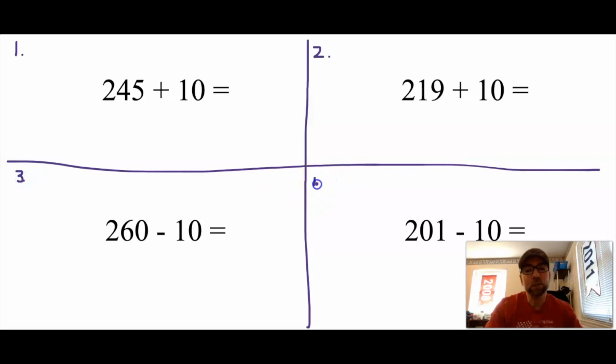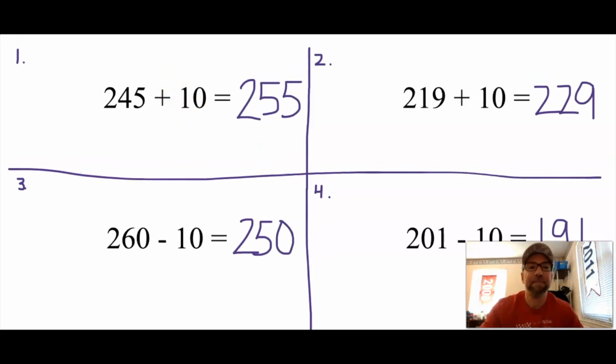Now, don't get tricked this time. The top 2 problems are adding 10, but the bottom 2 problems are subtracting 10. Go ahead and hit that pause button. See if you can solve these problems. When you're done, press play so that we can see how you did.